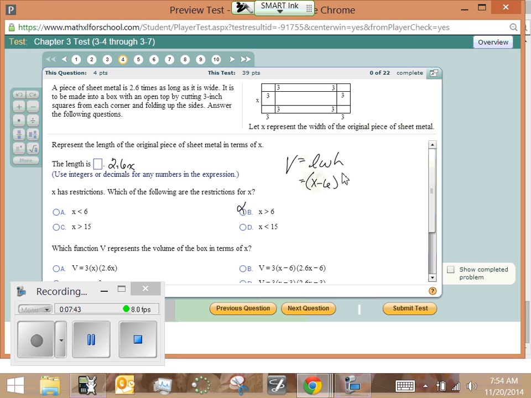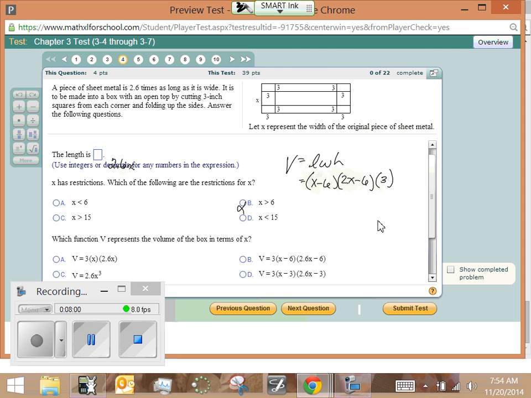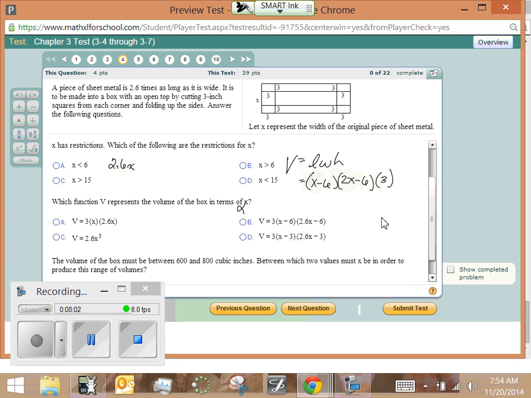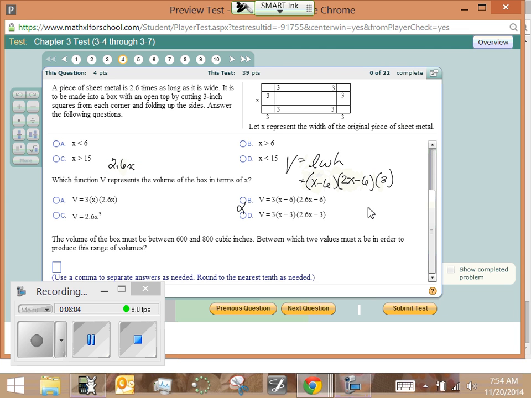Your length is going to be 2x minus 6, and your height then is going to be 3. So that's my volume function. Go ahead then and multiply that out, and you'll get a quadratic.